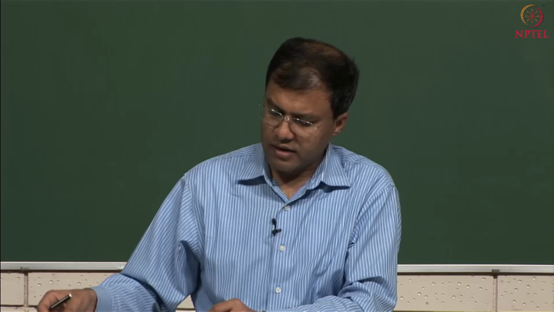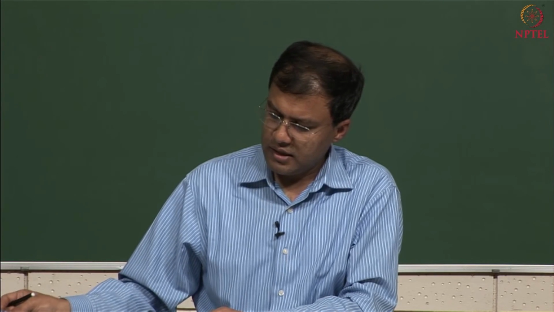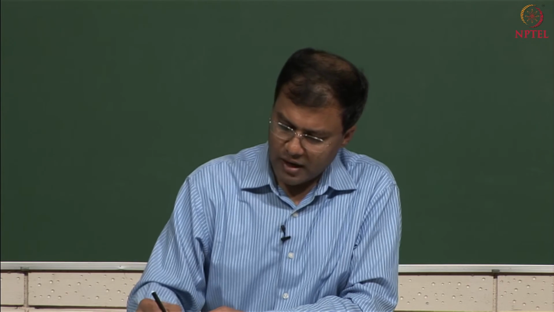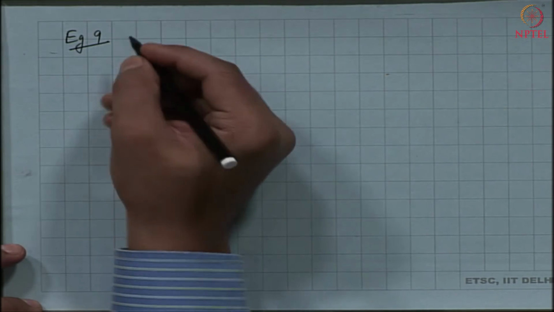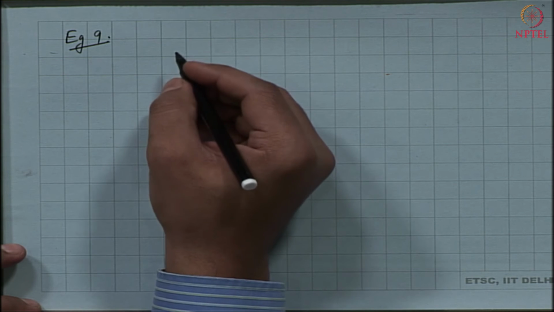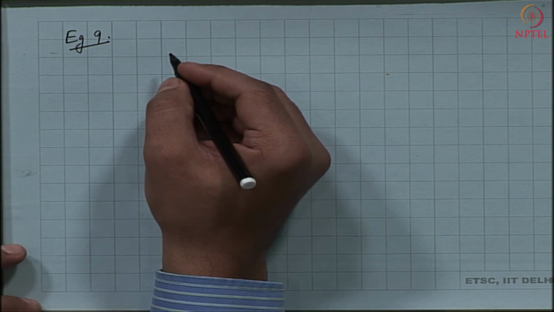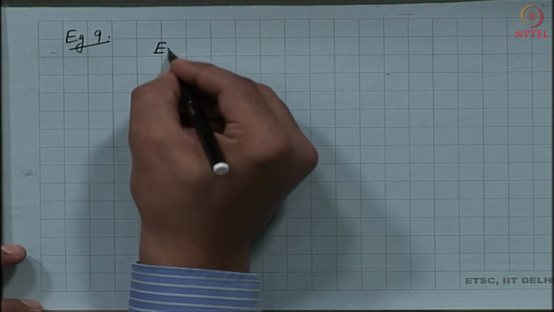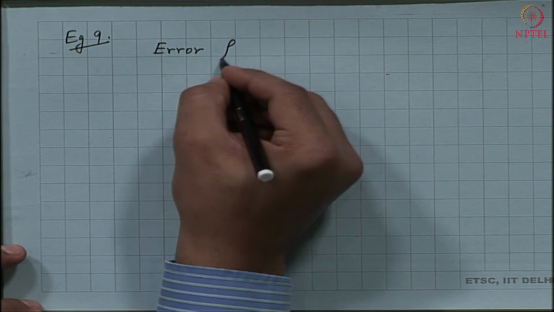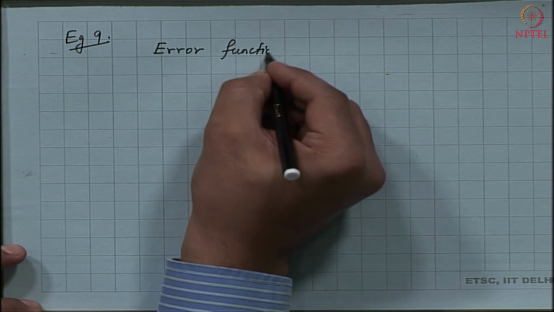Okay. So, continuing, let us look at a slightly more complicated situation where we have to calculate the Laplace transform of a function which is not very trivial. So, let me introduce the function known as the error function. So, what is the error function?